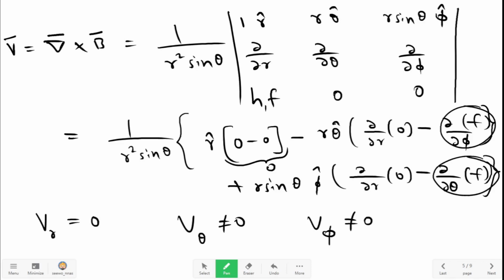It is not necessary to calculate this, that's why I am leaving it, but if you want to, you can calculate it and you will find that it is non-zero.